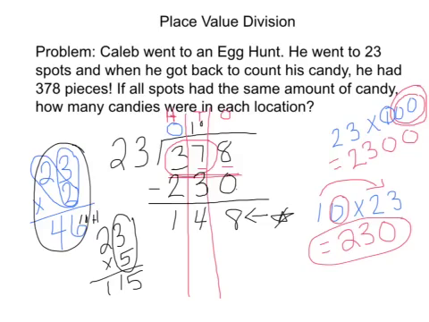Oh, 115 is fairly close to 148, but I think I might be able to get a little bit closer. So I know that 5 groups of 23 gives me 115, and 2 groups of 23 again gives me 46. Maybe if I add those together, oh, let's see over here.